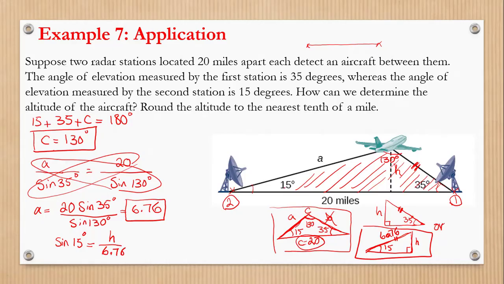Again, we do the cross multiplying, h times 1, which is h, equals 6.76 times the sine of 15 degrees. If I type this into the calculator, I find h is 3.88.